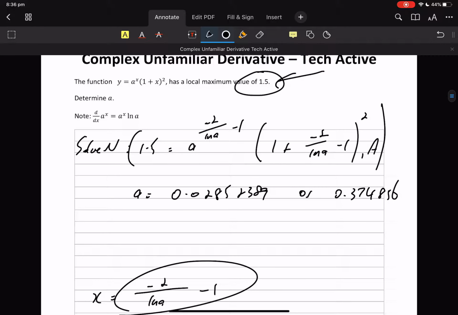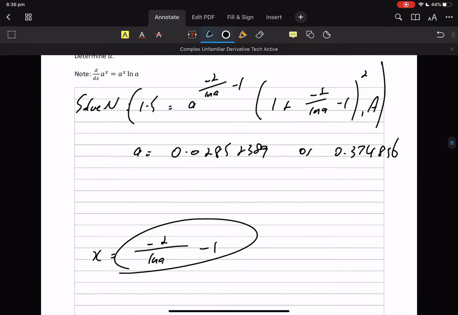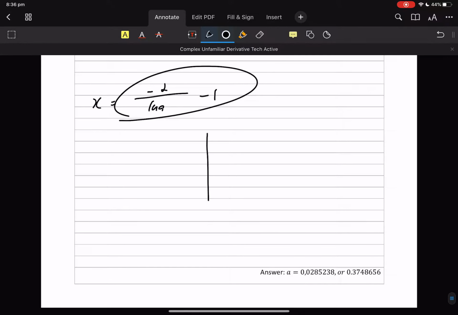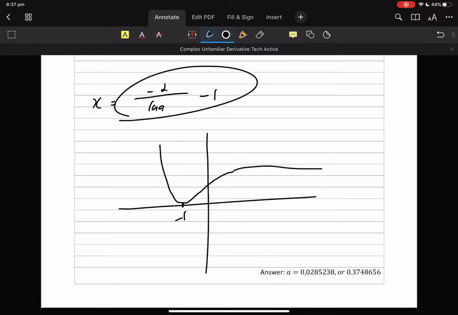If it said to evaluate the reasonableness, then you've got a calculator, so you're going to sketch it. We know we've got a stationary point here at -1, and I think it goes like that, somewhere like that, and another one comes down, up and over.